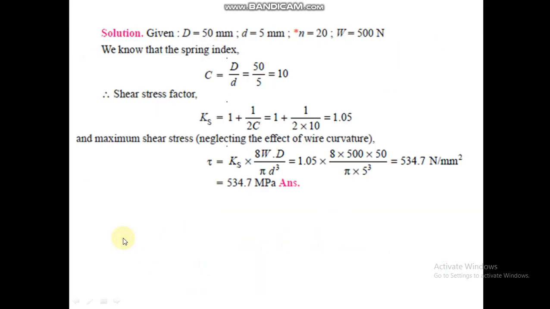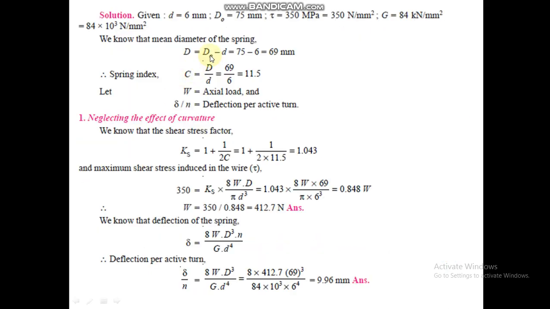So mean dia will be D outer minus d, so 75 minus 6, 69 will be the mean dia. So we will find the spring index to calculate Ks, D by d. It is 11.5, and we need to find W, axial load, and deflection delta per active turn.